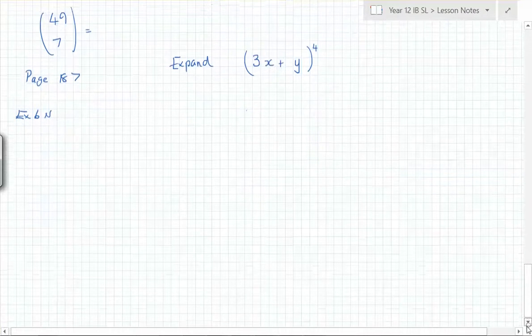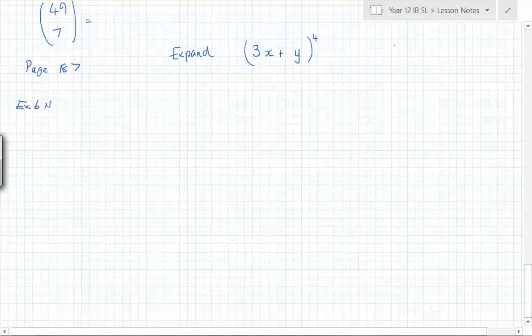So in this case, we are still using (a plus b) to the power of 4. So what we know is a is 3x and b is y. Now if it was minus, it would just make b minus y instead. But what we can use is this expansion.